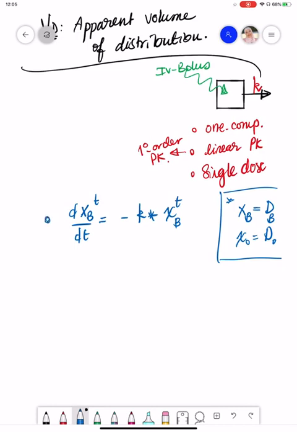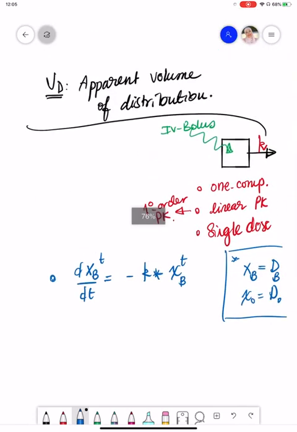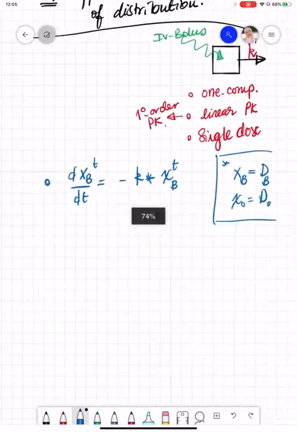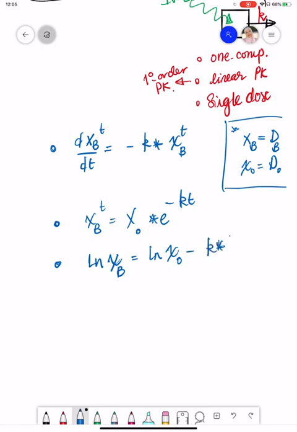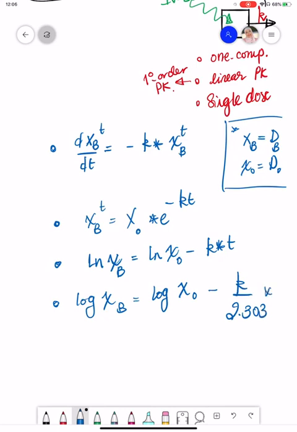This is the differential equation, and after rearrangement and integration, we will have either an exponential equation, which is Xp at a certain time equals X0 multiplied by the exponent term, or in ln terms, multiplied by the time, or in log terms, log X0 minus k over 2.303 multiplied by the time.